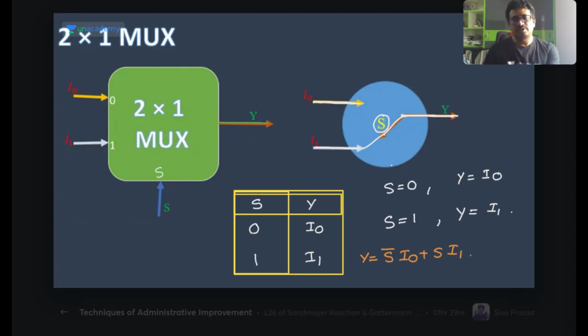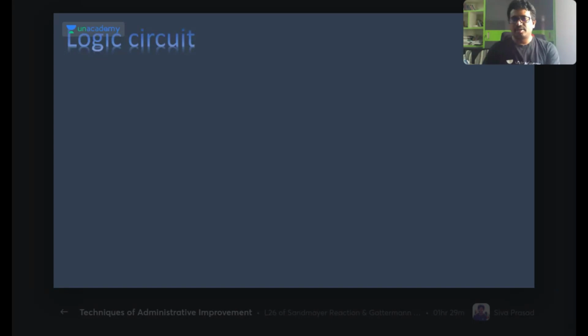In case of a 2 by 1 mux, we have seen this. Fine. Let us see this multiplexer, this select line, like we can consider switching action. This is like a switch we can consider. Now let us see this as a logic circuit. What are we getting now here, output Y? S bar into I naught, isn't it?